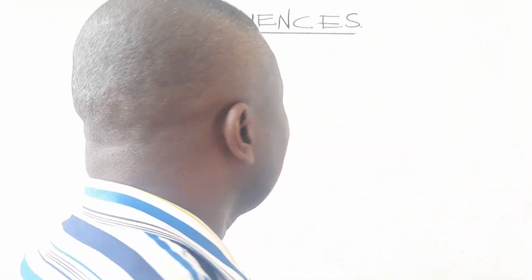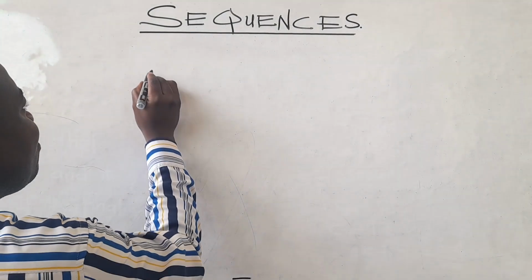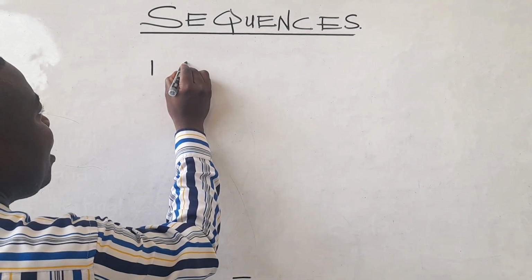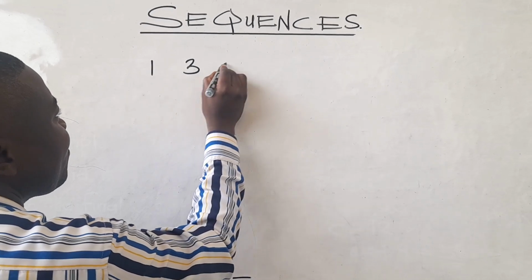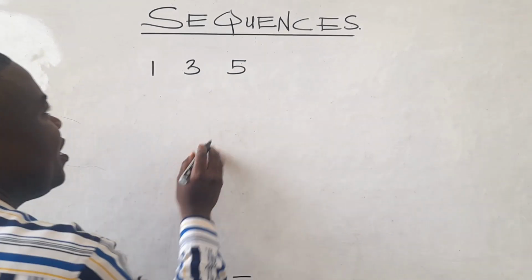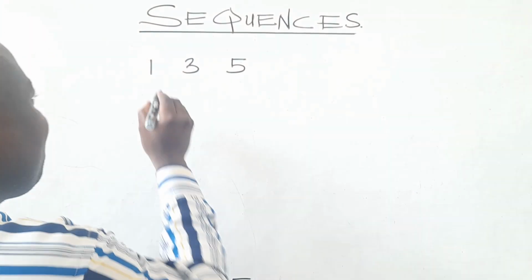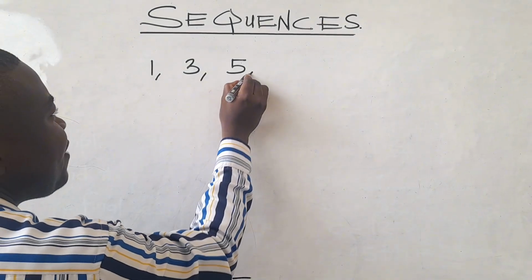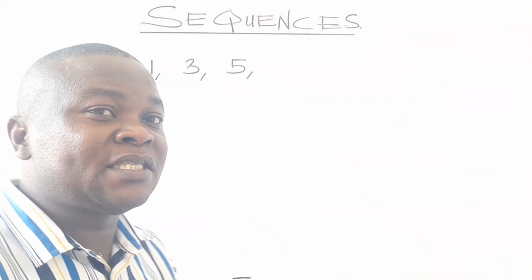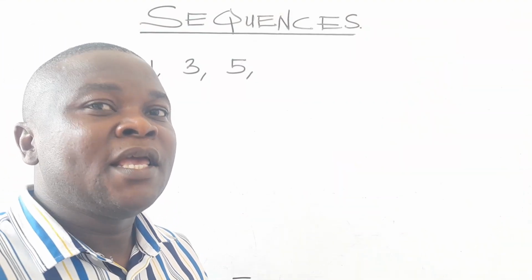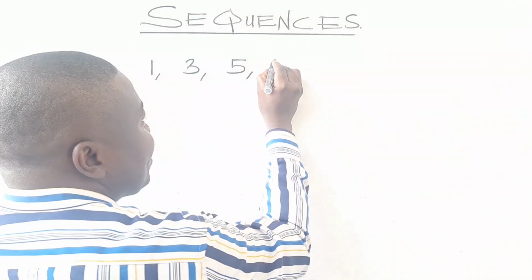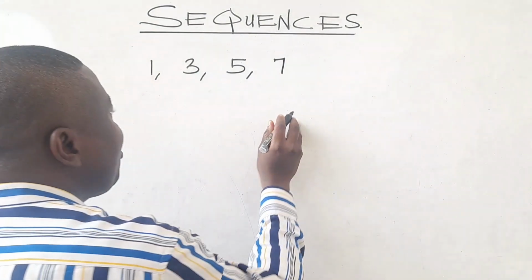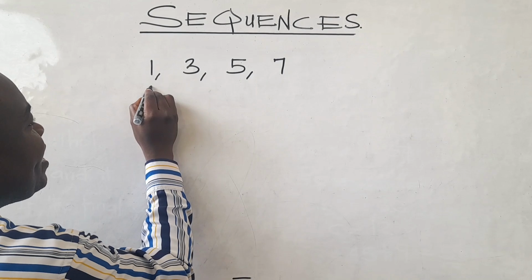For instance, you have 1, 3, 5. If I ask, the next term is likely to be 7, because you look at the way it's increasing.